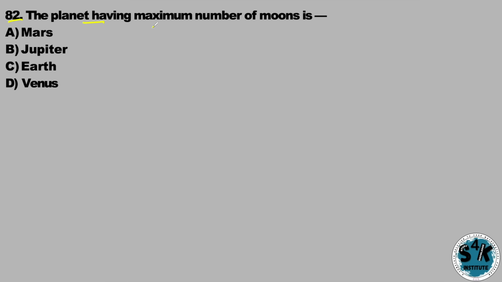The planet having the maximum number of moons. Thankfully, they have not given Saturn, because there is always a competition between Jupiter and Saturn. So for the given options, it is easier for you to select: it is Jupiter. Some moons were found initially, and some were found later on.